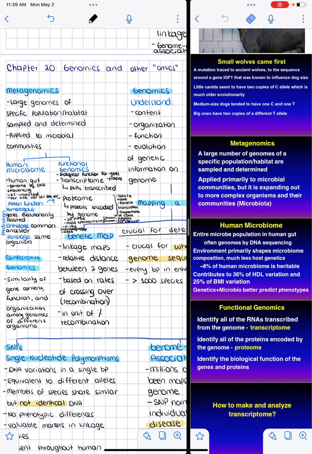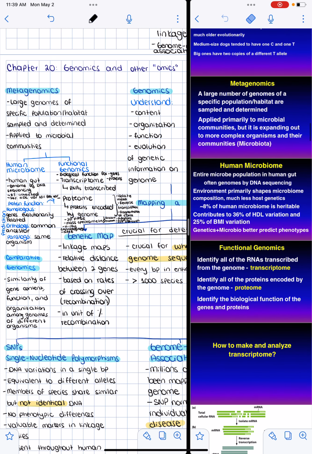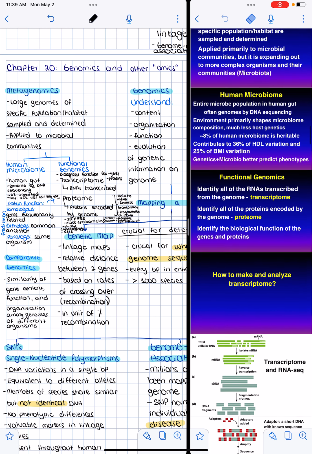Another application is functional genomics, which determines the biological function of genes through the study of the transcriptome, which is all the RNAs transcribed from a genome, or the study of the proteome, which is all the proteins encoded by the genome. This allows the determination of the biological function of both of these.